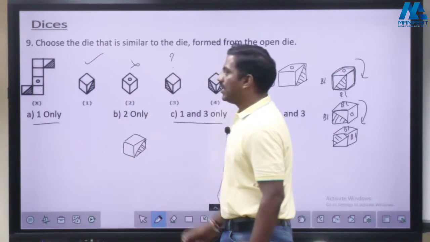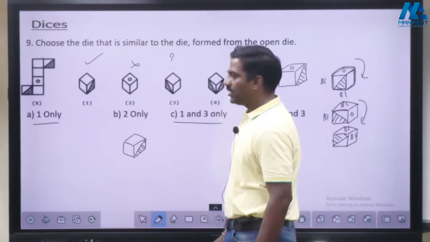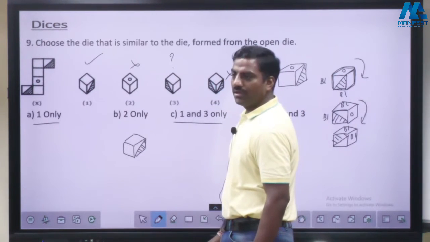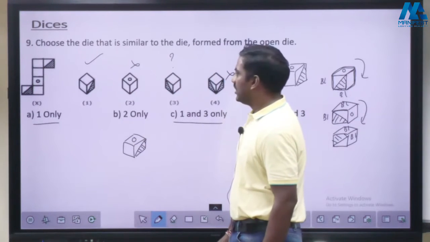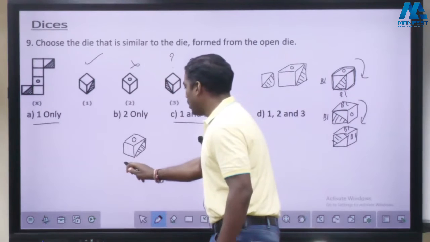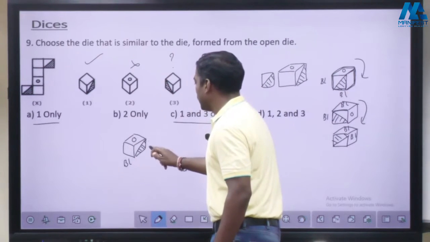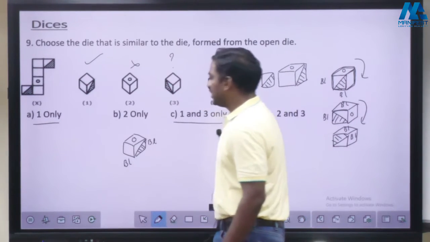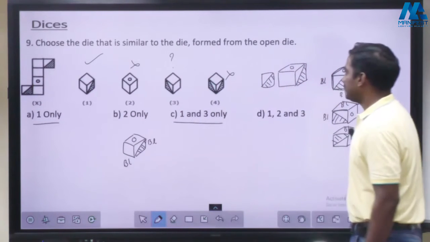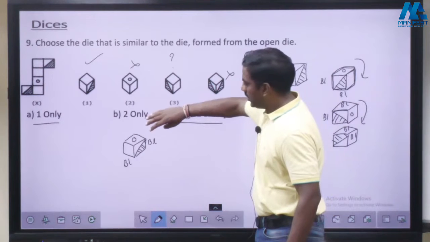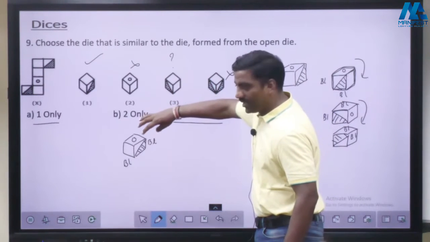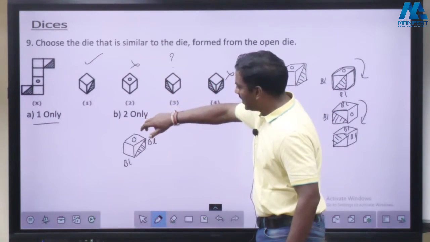And in front there will be a blank. And in the top, this dot will be there. And in the bottom there is a blank. In the back there is a blank. Now, turn like this. Hold this one. Turn like this.